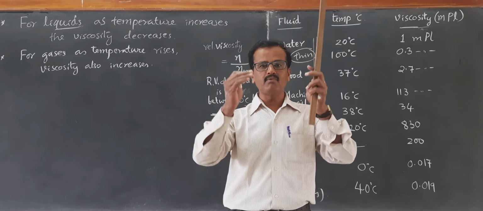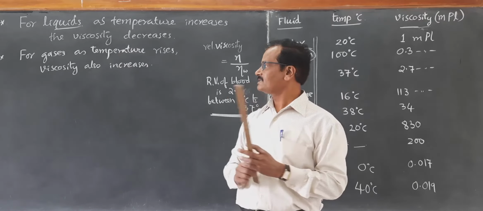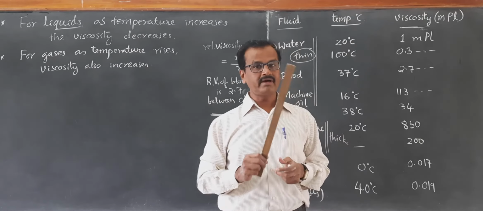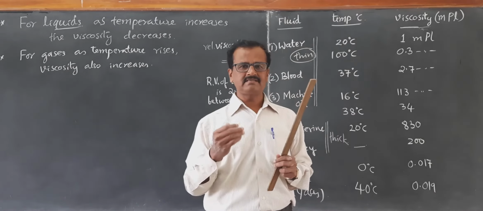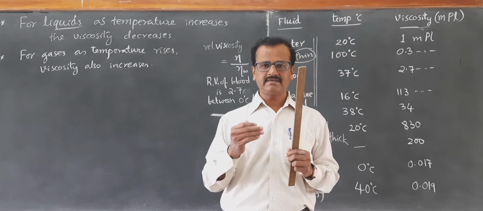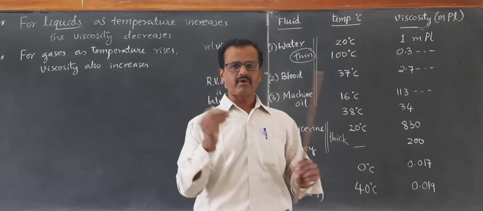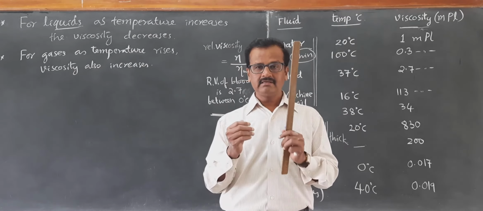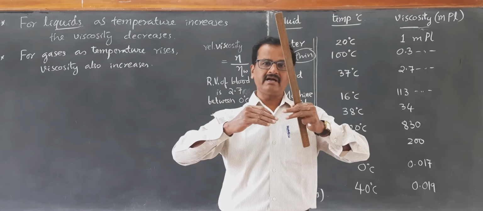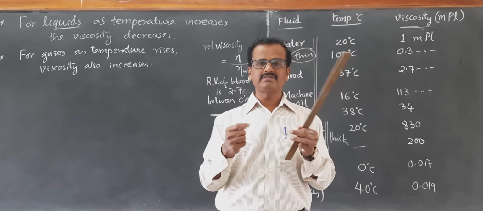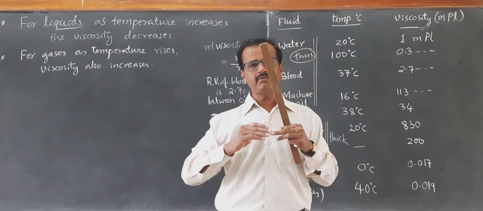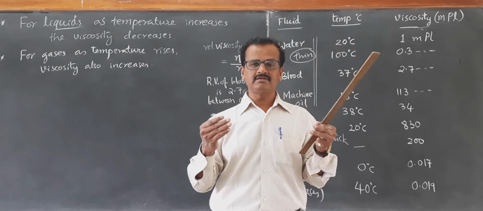The liquids become more and more thin. Whereas in case of gases, what happens? This is a very interesting thing. As the temperature of the gas increases, say from 0 to 40 degrees Celsius, already the gaseous molecules are at far away distances. The intermolecular attractive force is almost nil. They already have almost maximum energy.